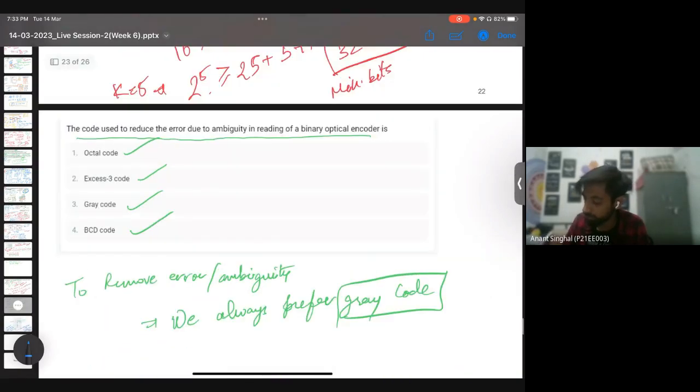So the correct answer to this question is nothing but Gray code, which is option number 3.